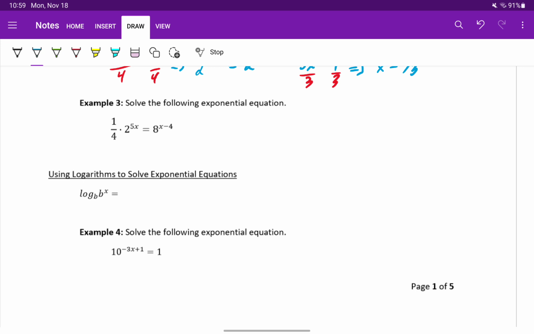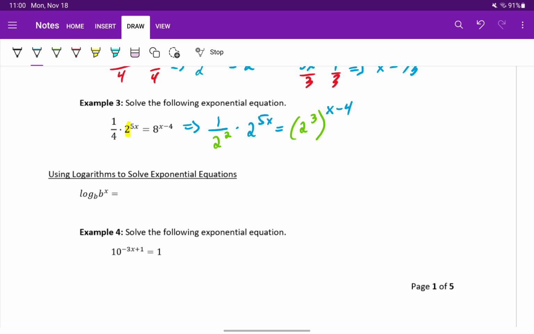In example 3, again, we need to manipulate this given equation before we can solve it. In order to do that, we're going to rewrite everything in terms of this same base 2. For instance, we could write 1/4 as 1 over 2 squared times 2 to the 5x is equal to 8, which we can rewrite as 2 cubed raised to the x minus 4 power.